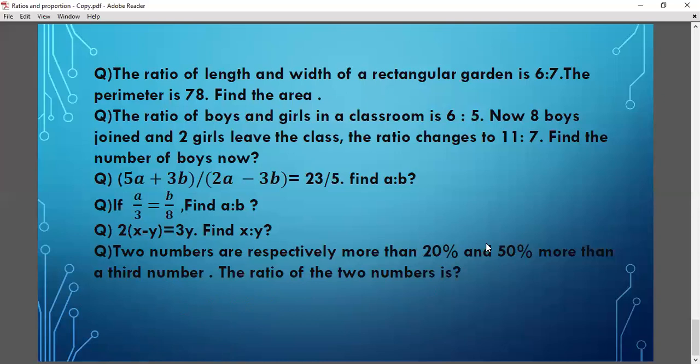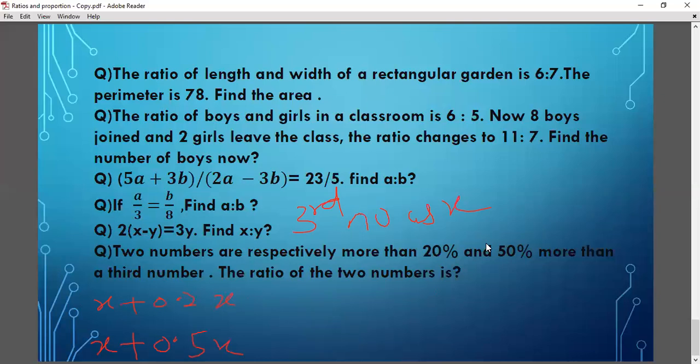So basically you can take the third number as x here. So the first number will be x plus 20% of x, so 0.2x, and the second number will be x plus 50%, so 0.5x.